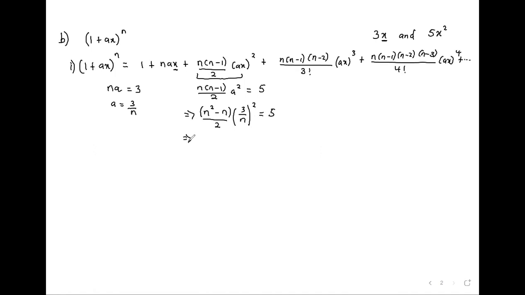So we have n squared minus n over 2, times 3 squared, which is 9, over n squared. This is equal to 5.